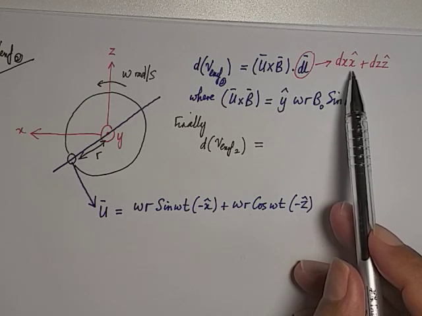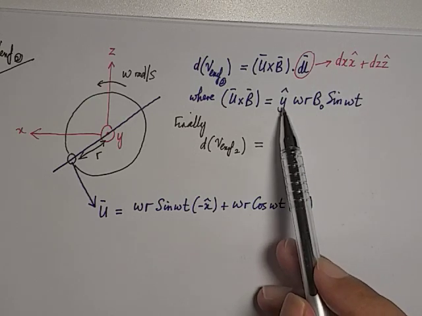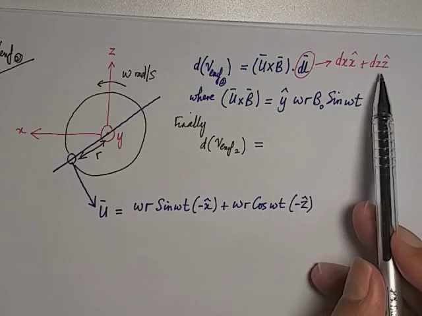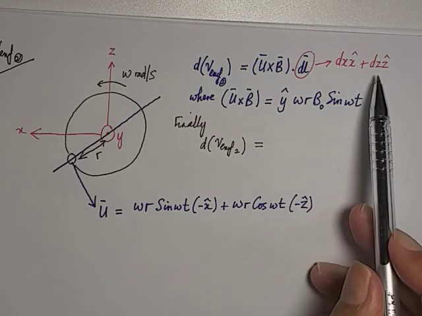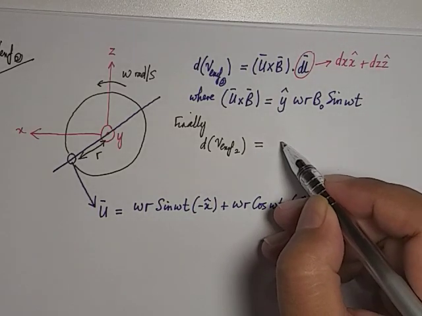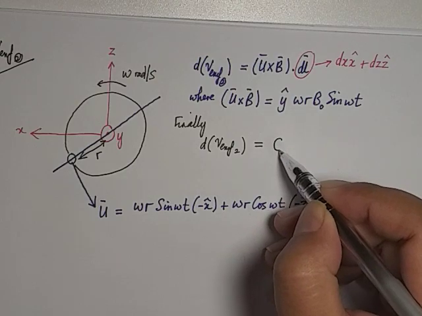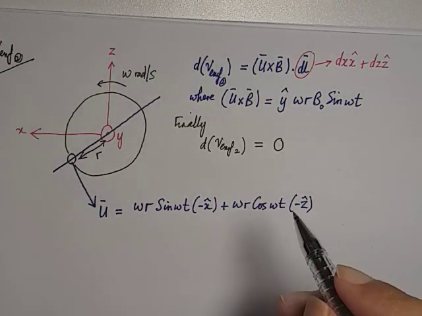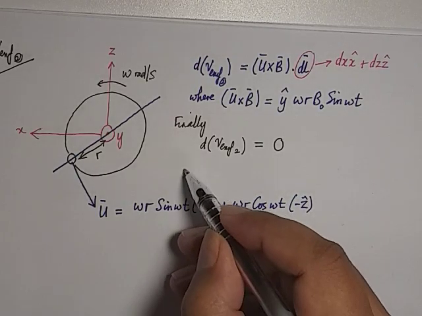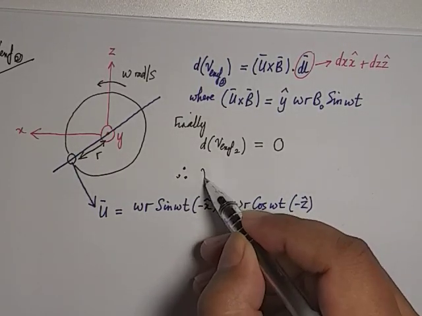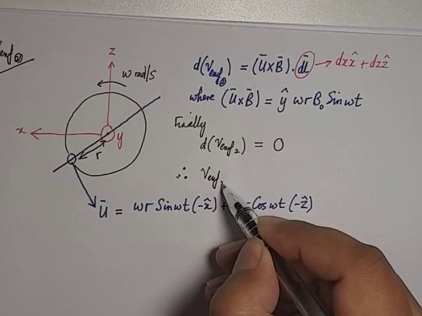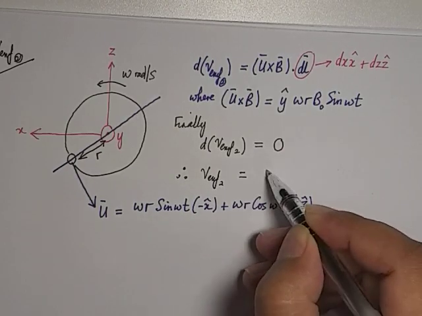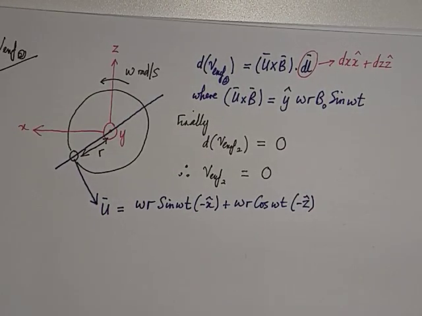Yes, 0. Similarly, if I do the y direction dot with the z direction, the solution is also 0. So what we observe is that the induced V EMF of side number 2 is 0.